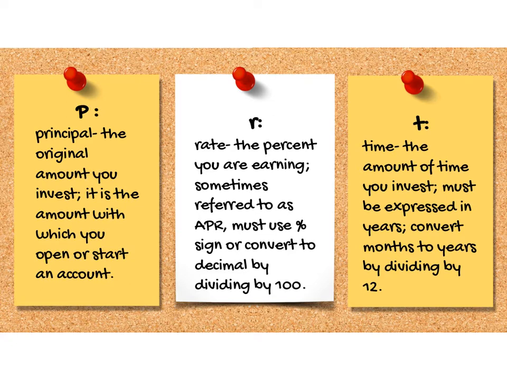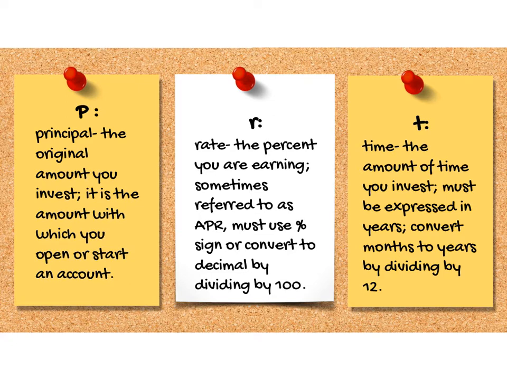If it doesn't, then you need to convert that percent to a decimal by dividing the percent by 100. When you divide by 100, you end up moving the decimal point to the left 2 places. Remember, 100 has 2 zeros, that whole thing you did in 6th grade when you converted percents to decimals.